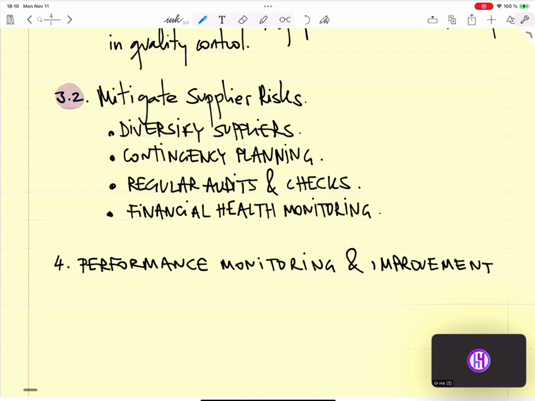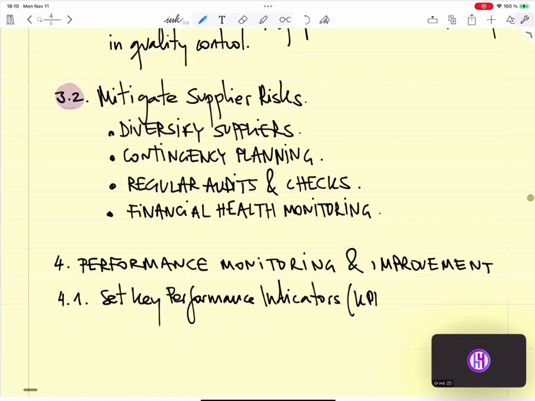Okay, so here, first thing we do is we set a key performance indicator, KPI system.